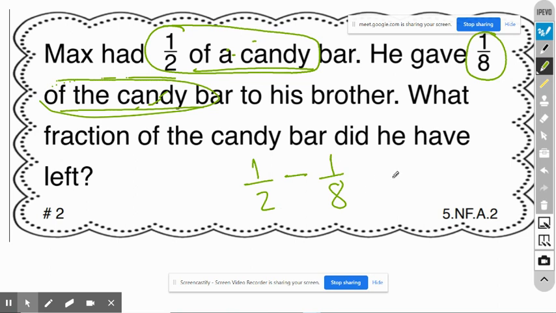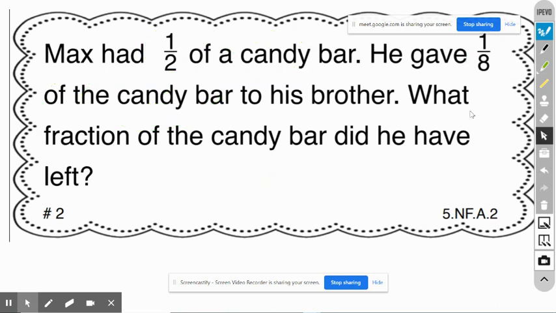So I'm going to talk about this again with you. Here, they have the same wording. If it's the same, you're taking away from what you had before. If it's the other case, now let's say I had said instead, he gave 1/8 of it to his friend.